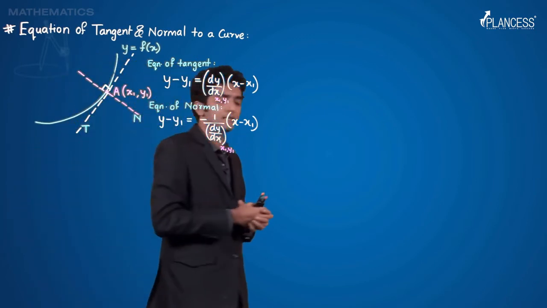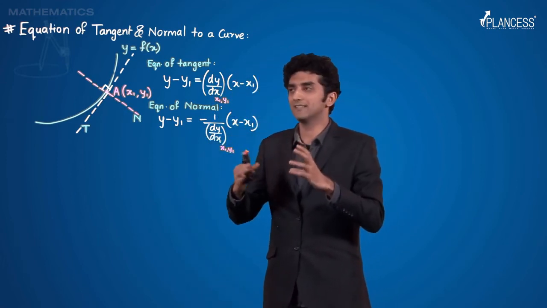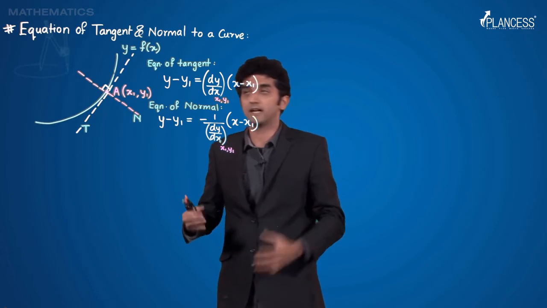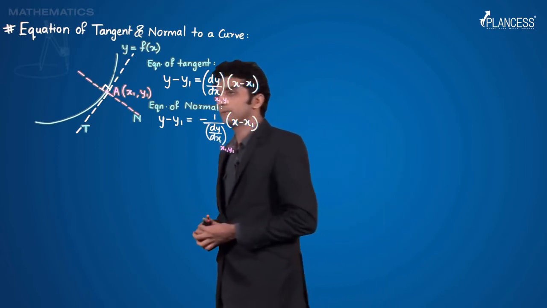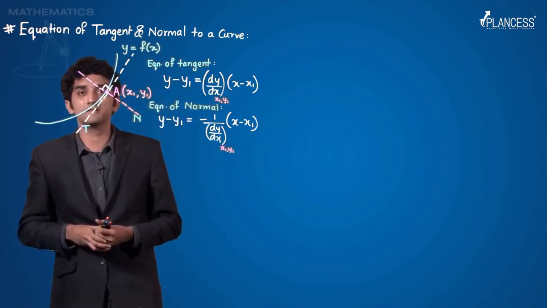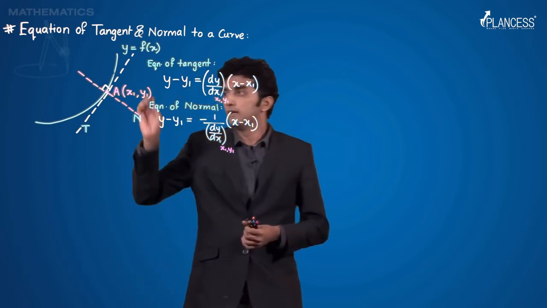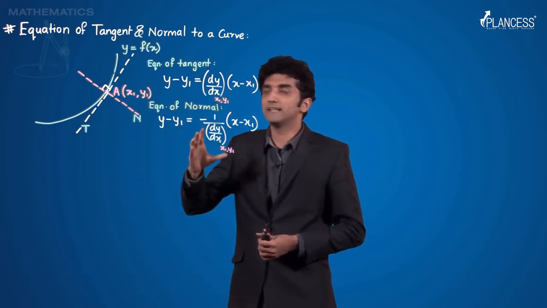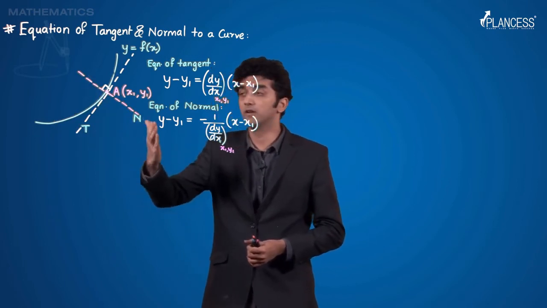Now friends, after understanding this, let's go through a few general things that we need to know from this concept. One thing that we clearly understand is that the point A, which has its abscissa as x1 and its ordinate as y1, lies on all the three entities, the curve, the tangent and the normal, right?